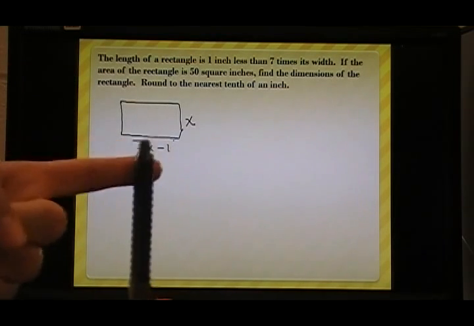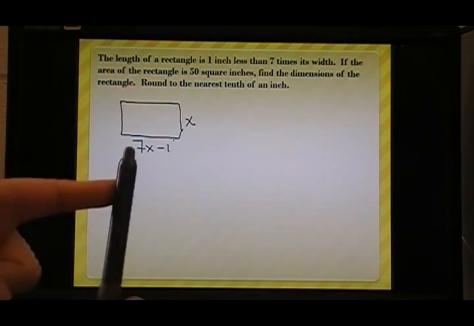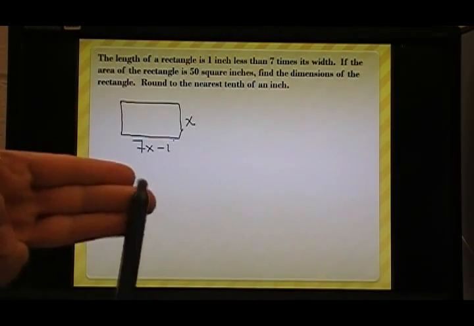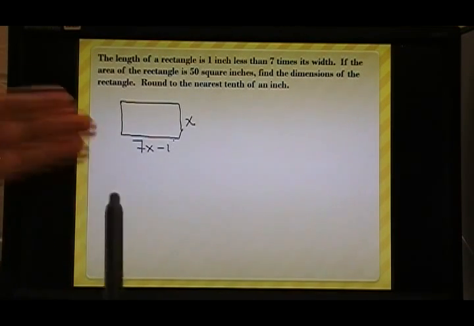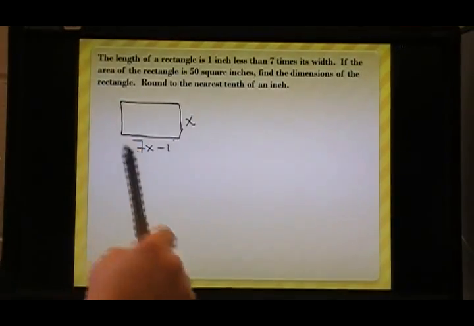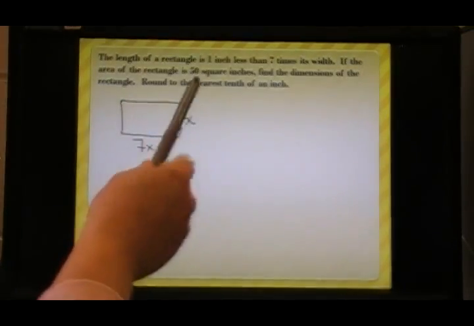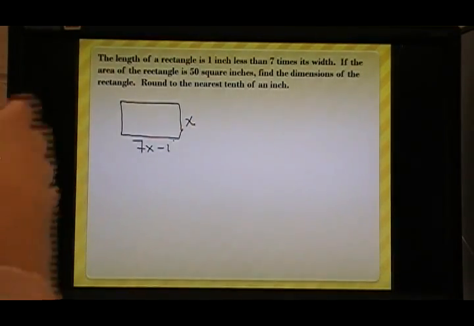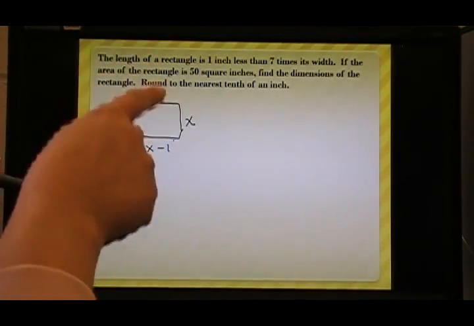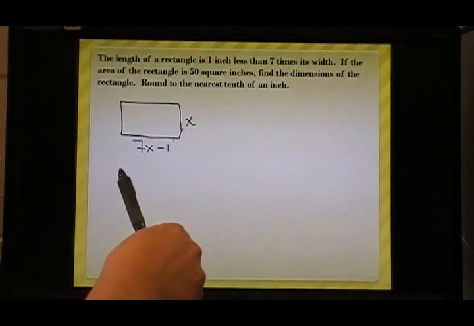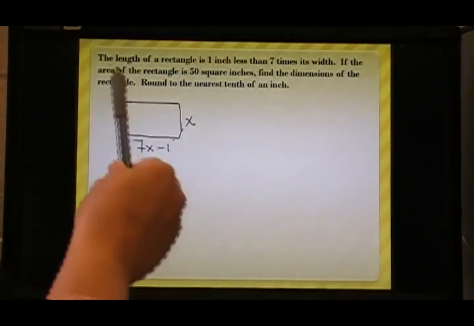I'm told I'm dealing with a rectangle. I have addressed that. I was given information about width and length. I have addressed that. And I'm also told that the area of this rectangle is 50, so I want to address that as well. When I address that final bit of information, I can take what I have and write an equation.